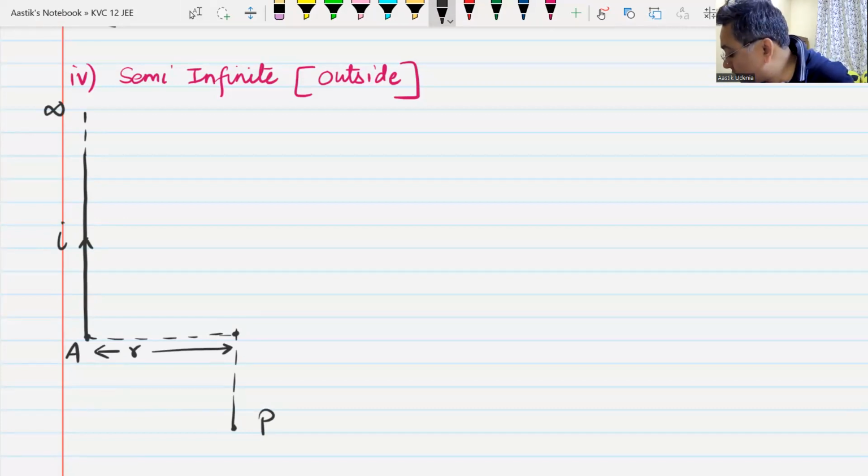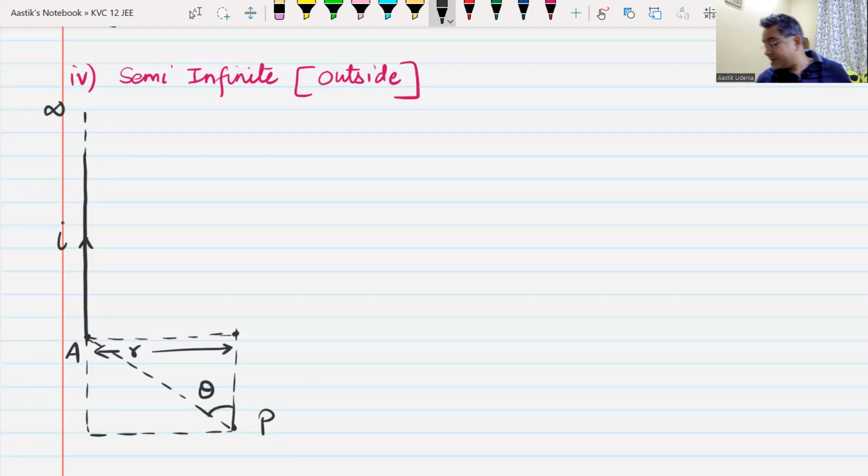Please show the previous space, sir. This angle, let me call it theta. Not with the horizontal, I have to call it with the vertical. This angle, let me call it theta.